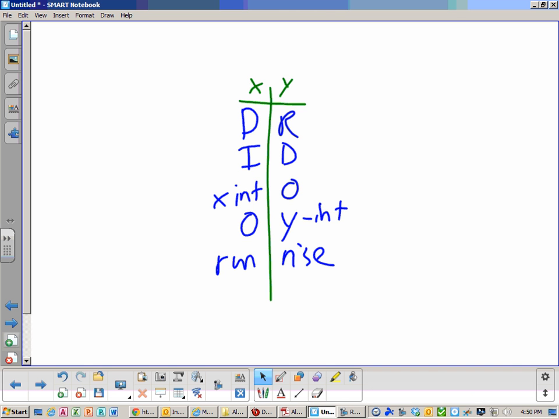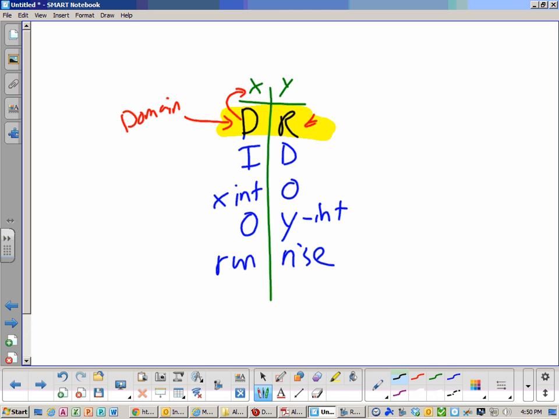The only part we're really concerned about, though, is right here. Those two stand for the following. This one right here is domain. And what does domain stand for? Domain is the x's. This other guy represents the range. And range, as a constant reminder, stands for y. So we've got domain is x and range is y.